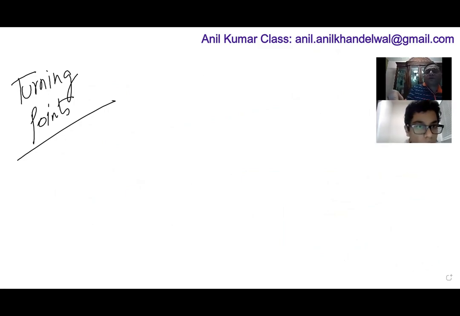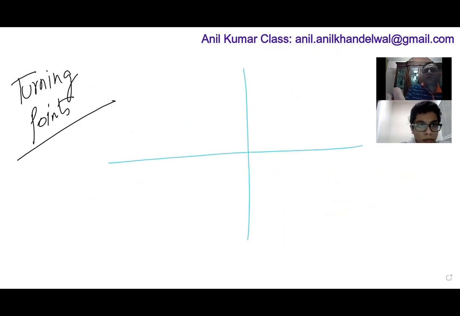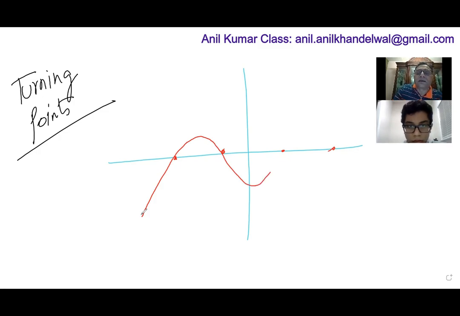So if I have zeros, let's say these are my zeros, and a polynomial has to go through these zeros. In that case, for sure, if I start from here, I have to go through this zero, I have to turn, then again turn, then again turn, like this. Do you understand? So my number of turning points is how many? Well, between two zeros, I get one.